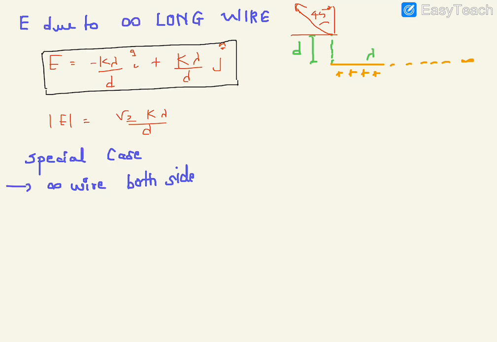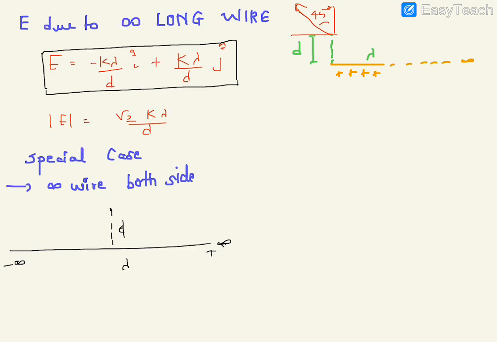Alright, now we'll see a special case of this wire where I have an infinite wire, minus infinity to plus infinity, and somewhere in the middle I have to find the electric field, and the charge density is lambda.